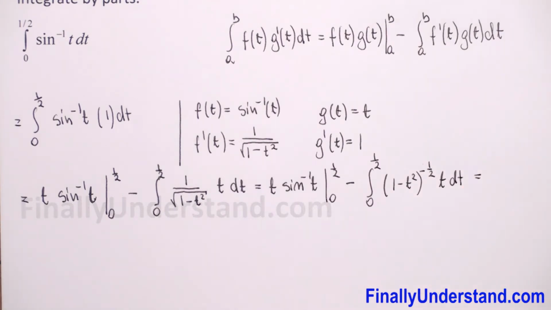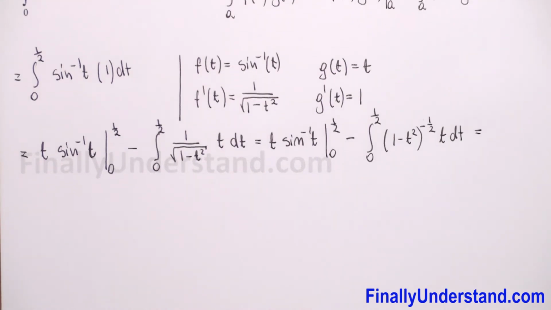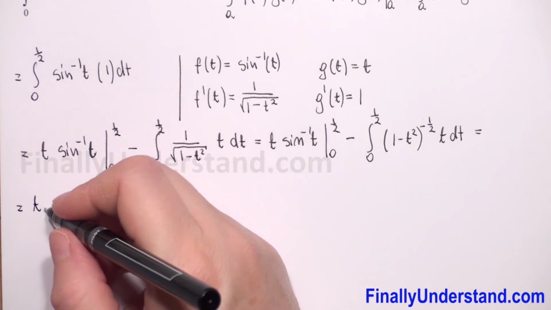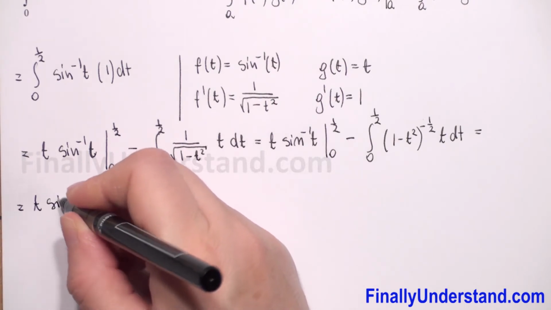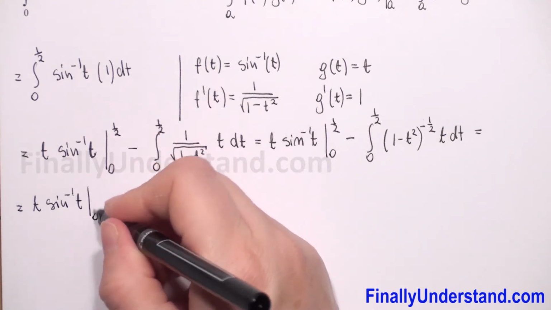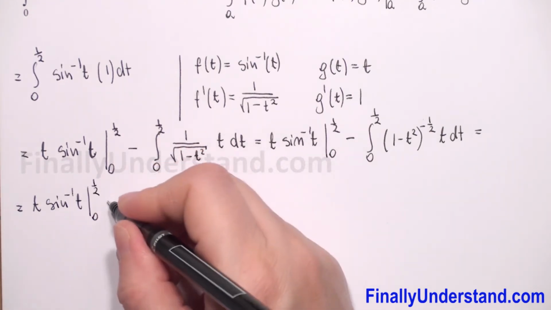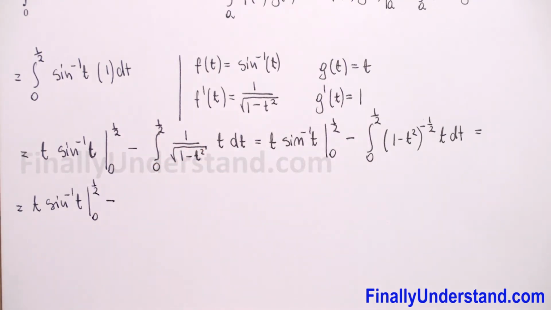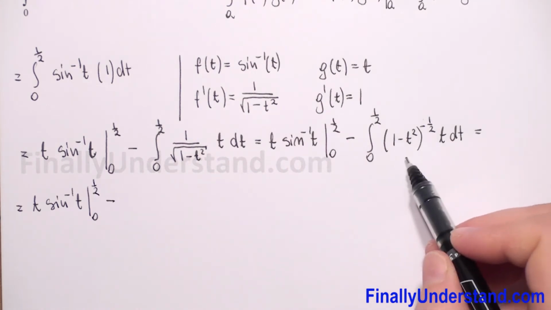So this is equal to t times inverse sine of t, limits from 0 to 1/2 minus, and now we will use the substitution method.